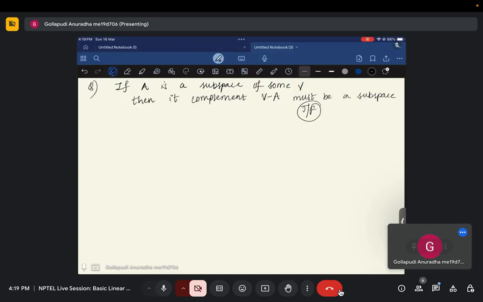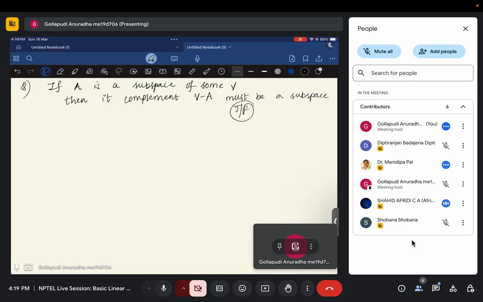I'm not able to hear your voice. Yes, so who is trying to answer? If A is a subspace, then A will have the zero vector, whereas V minus A doesn't have the zero vector. Yeah, that's correct.